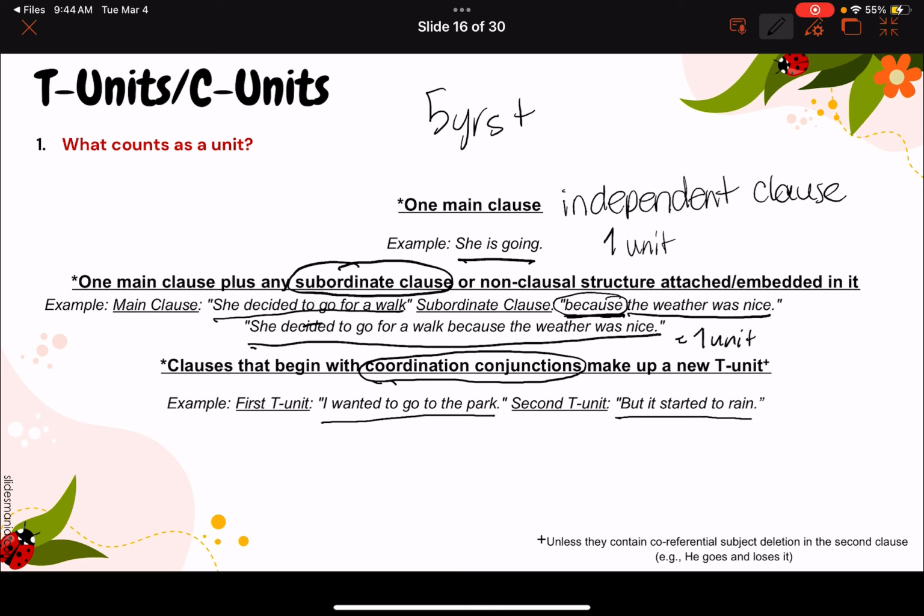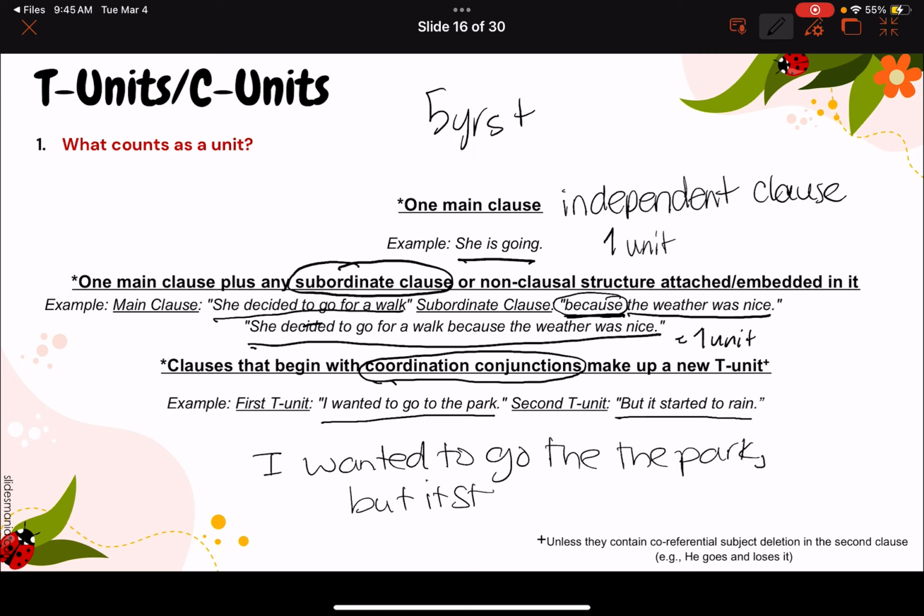What you will notice is if I were to write this entire sentence grammatically, I wanted to go to the park, we need to put a comma, but it started to rain. And how do we know that these can stand on their own?